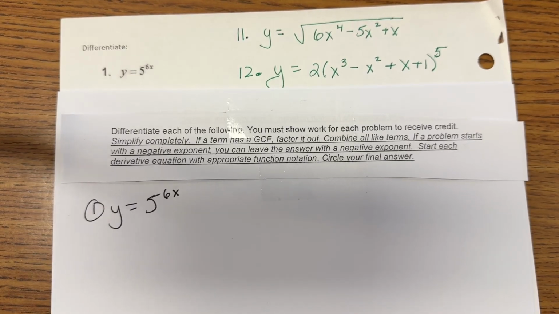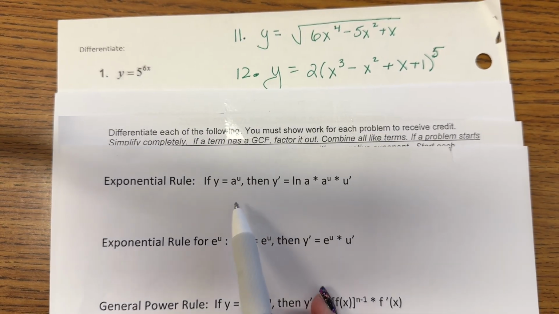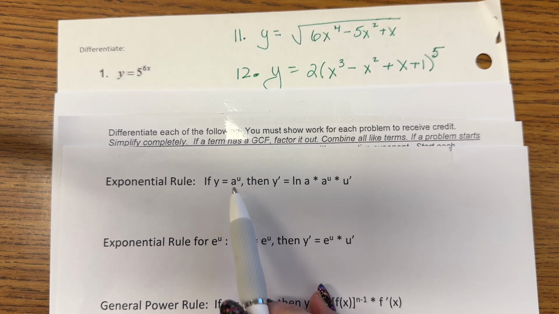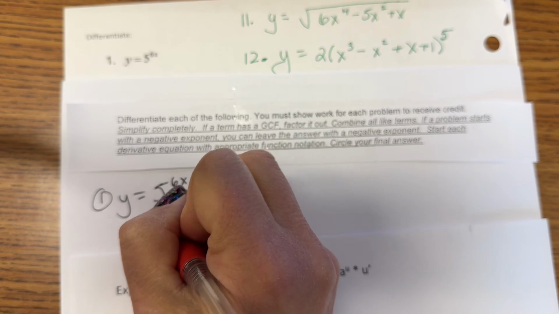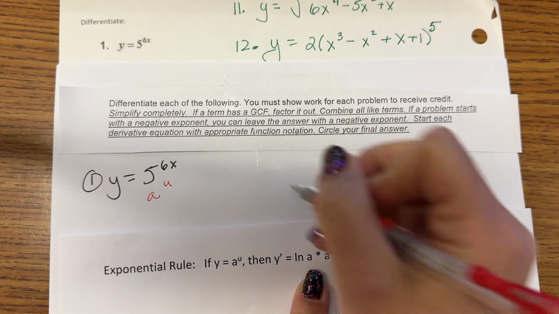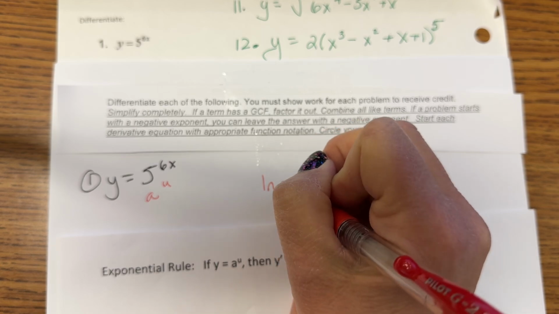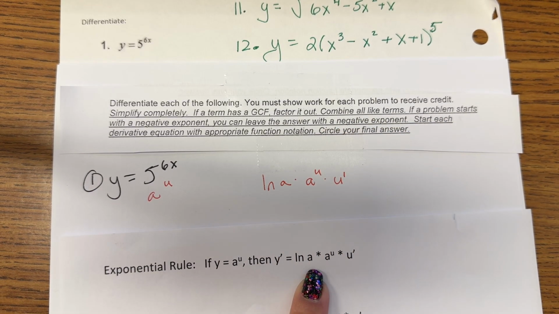When you have a 5 to the 6x like this one, that is an a to the u rule. Here's our a to the u. So the derivative is ln a times a to the u times u prime.